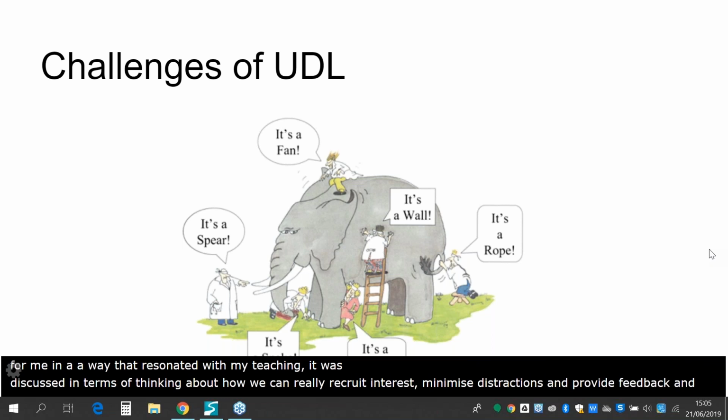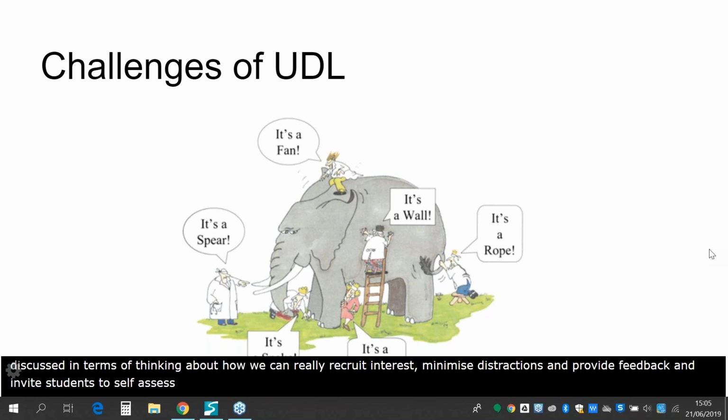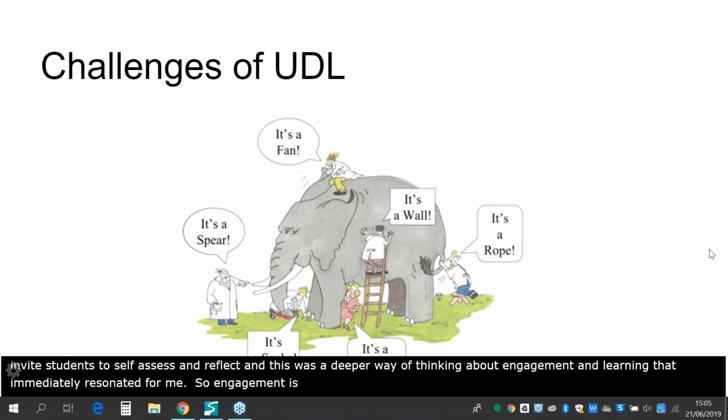This was a deeper way of thinking about engagement and learning. So my little world of UDL really revolved around engagement. But engagement is only one part of teaching and learning. It's like being on just one part of the elephant.